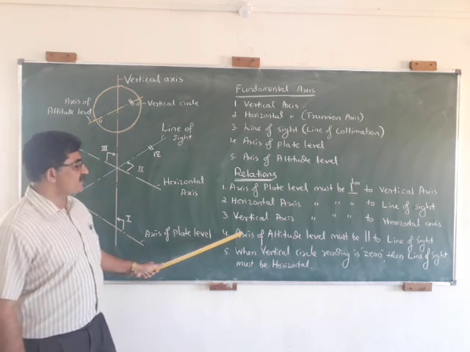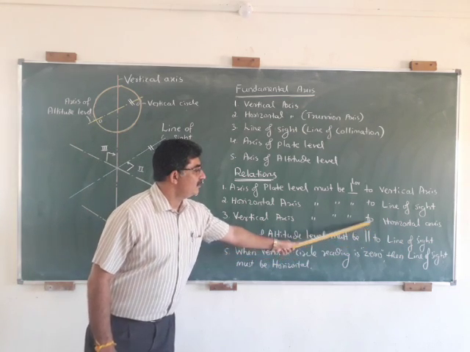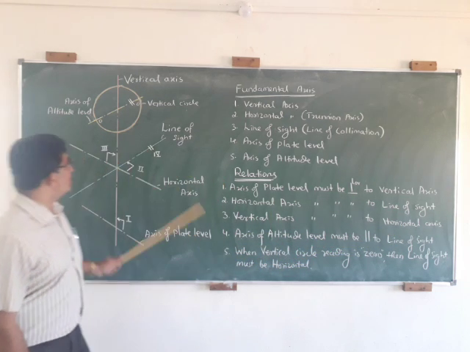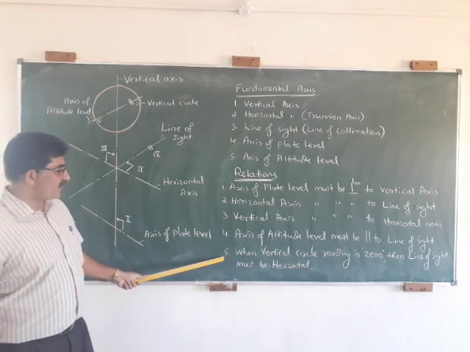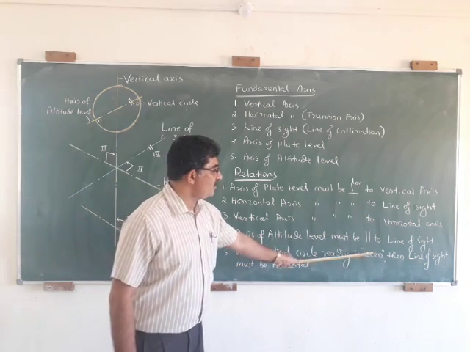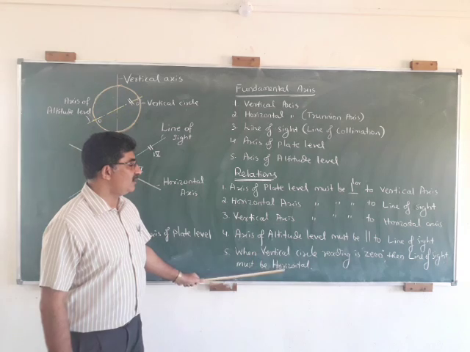The fourth relation is that the axis of altitude level must be parallel. These are all perpendicular, but this is parallel to the line of sight. So the line of sight and the axis of altitude level should be parallel to each other. This is the fourth relation. The last one is that when the vertical circle reading is 0, then the line of sight must be horizontal.